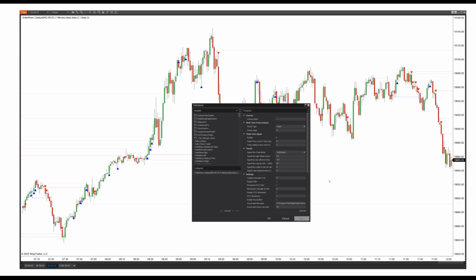During the US session, volatility is obviously a lot more than during the night session. That's not to say that during the night session you don't get it, because you can get volatility during the Asian hours and even during the European hours. But we'll try it with momentum strength set to 6.